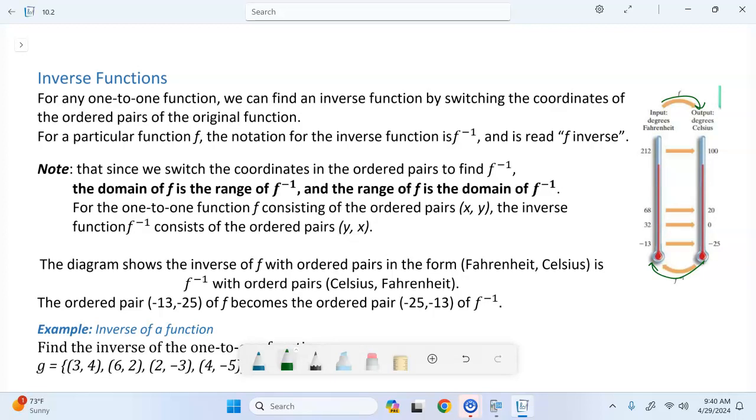Given whatever function we have in function notation, we notate its inverse through f of -1 or g of -1 or p of -1, whatever our function is. We call that f inverse or g inverse or h inverse, whatever it is. In function notation, we can have f of x. In function notation, we can have f inverse of x.